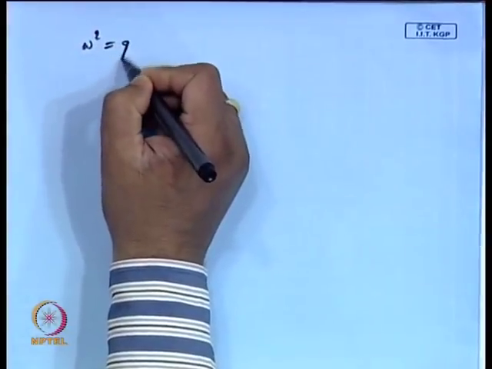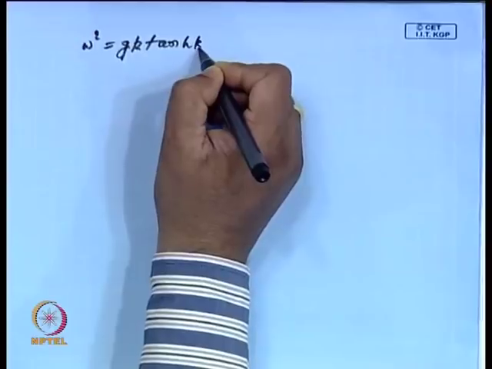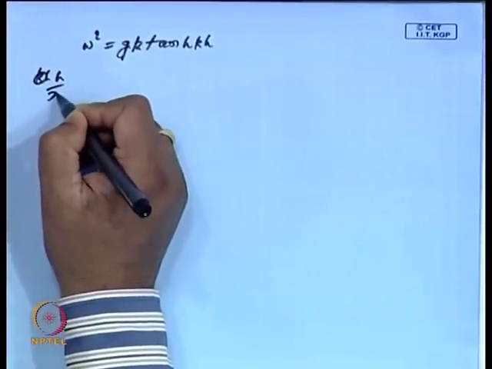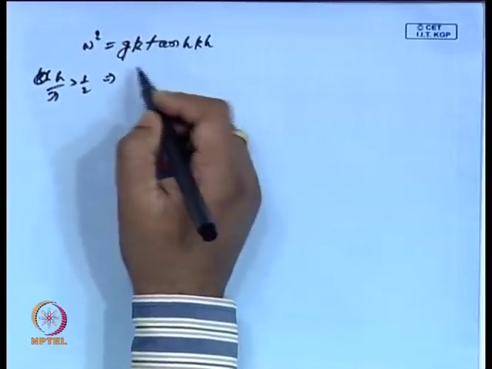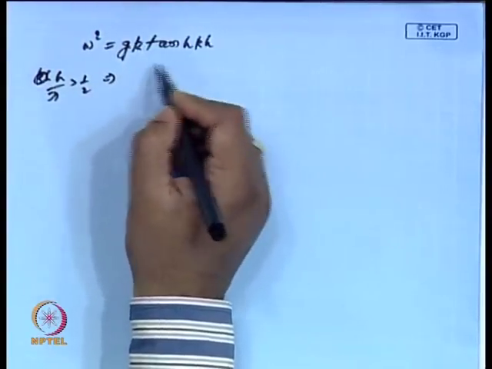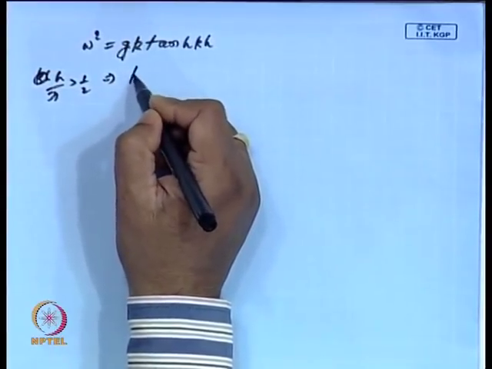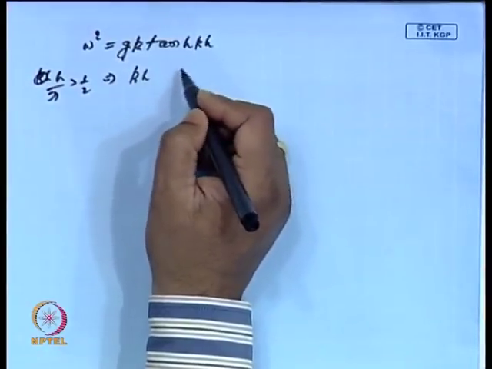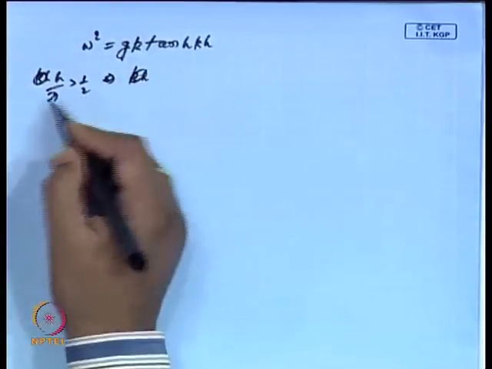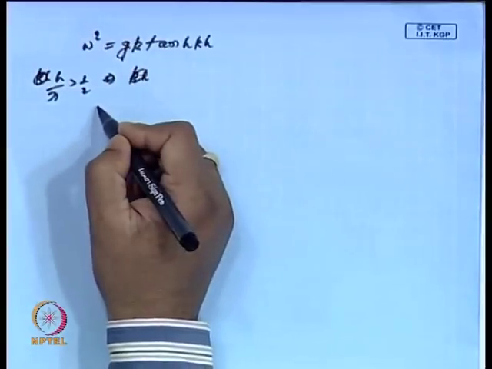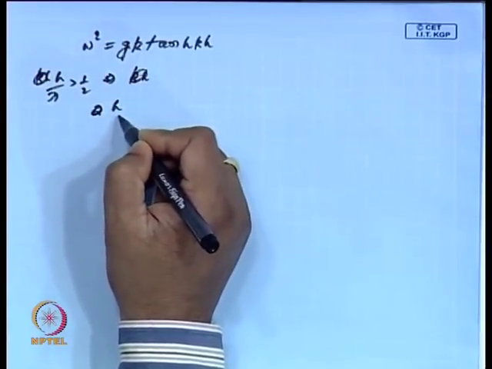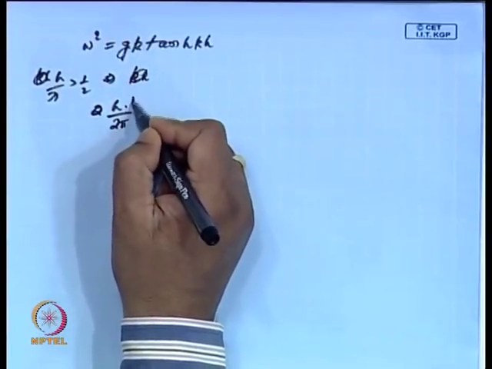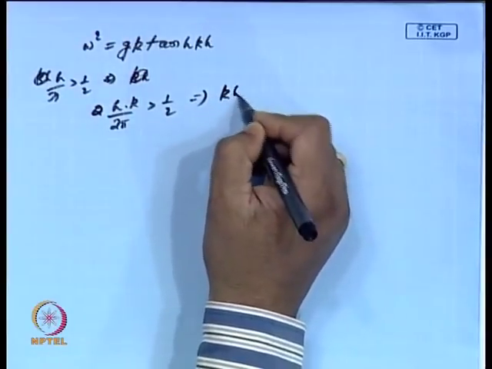Because we have a dispersion relation, omega square equals gk tanh kh, what happens to it? If h by lambda is greater than half, then, since lambda is 2 pi by k, h by lambda is kh by 2 pi, which is greater than half, which implies kh is greater than pi.